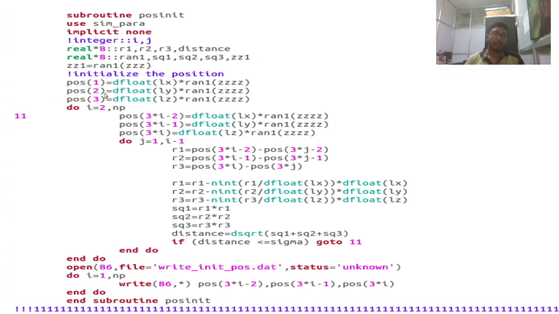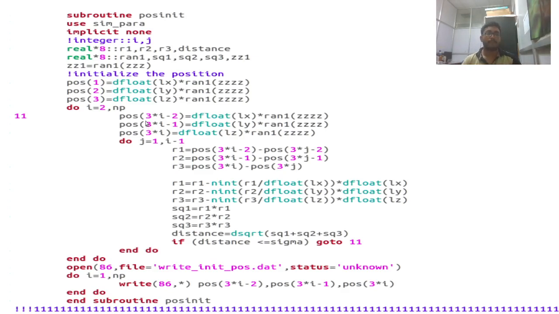In this way we have position 1 1, 2, 3, that means we have the x, y, z component set for the first particle. Okay, and after that I equals 2 to np, that means we have the first particle set at this point, and then we have to check for the non-overlapping condition. So how are we going to do that?